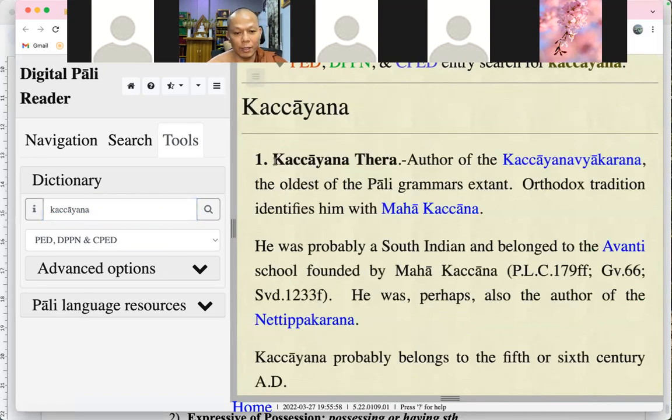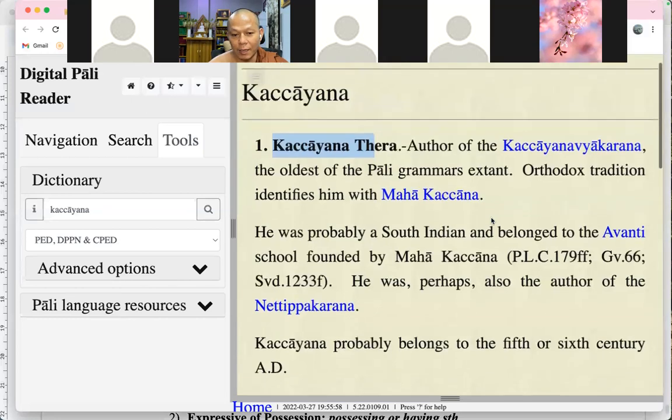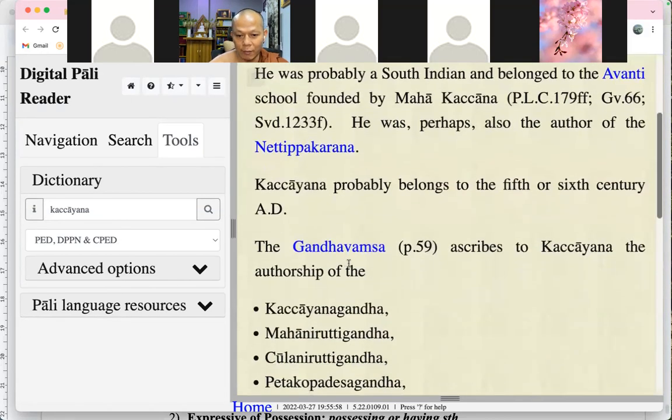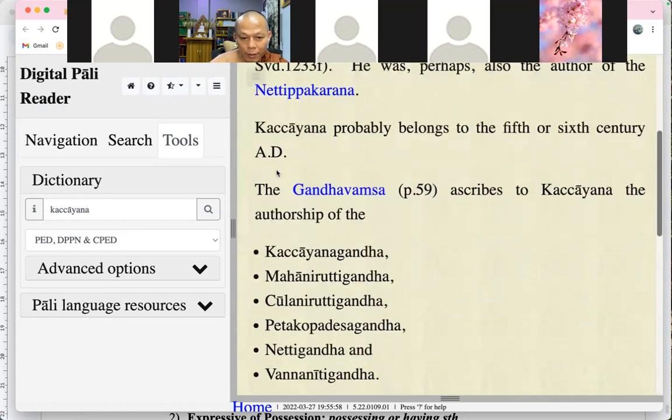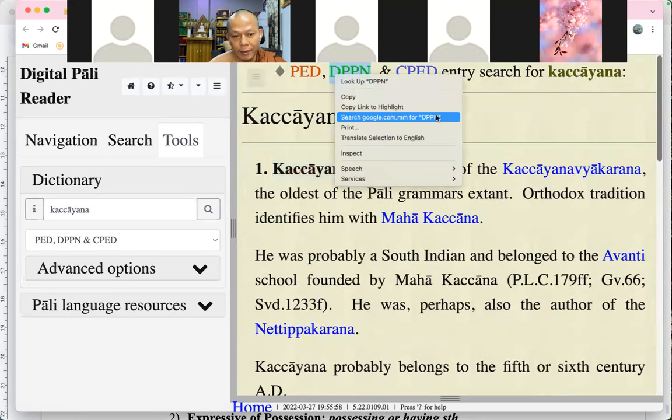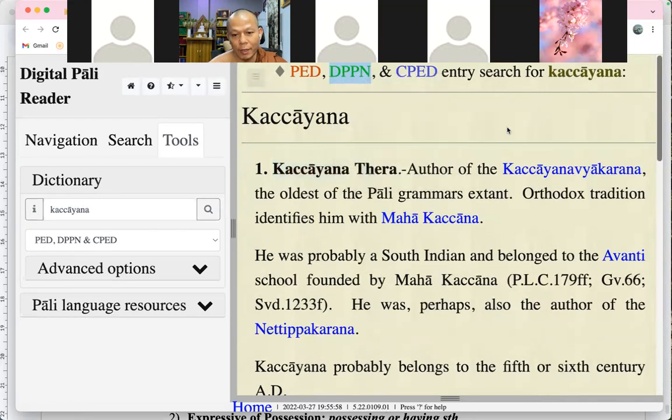So here you see Kijana Thera, maybe the author of the Kijana Vyakarana or Mahakijana. Based on this one it can also be seen. And also Kijan, this one is the dictionary of Pali proper names, DPPN.